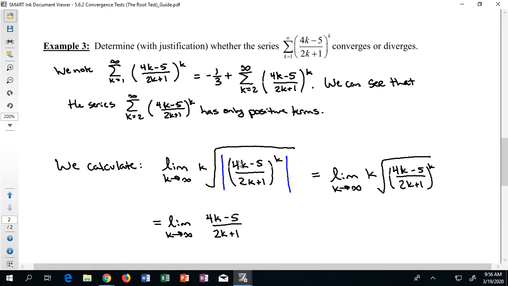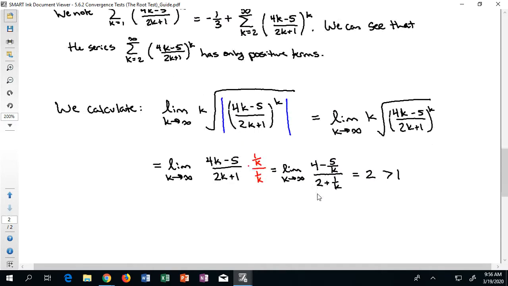And I know that if I multiply top and bottom here by 1 over k, I can change that into a limit of 4 minus 5 over k, over 2 plus 1 over k, and so clearly the limit is 2, which is bigger than 1.